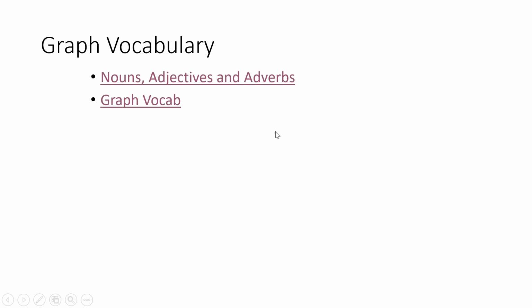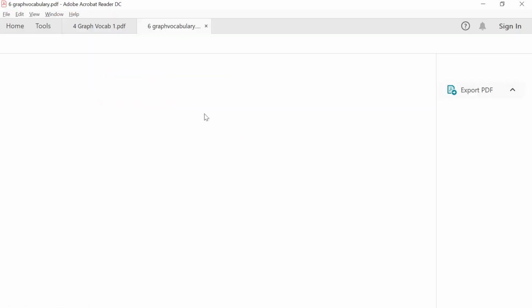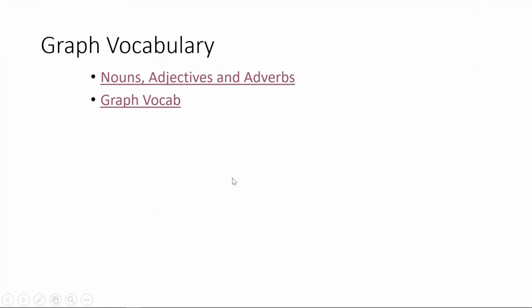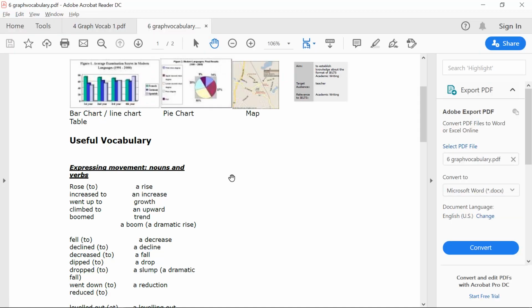Okay, as I was telling, there are certain nouns, adjectives, adverbs which you can use, and I have compiled them from the net itself. I've not really made any efforts to make them myself. As you can see here, this is a collection of phrases that you can use. Rise, so something like, for example, there was a rise in the customer numbers. There was a rise in population from 1986 to 2006.